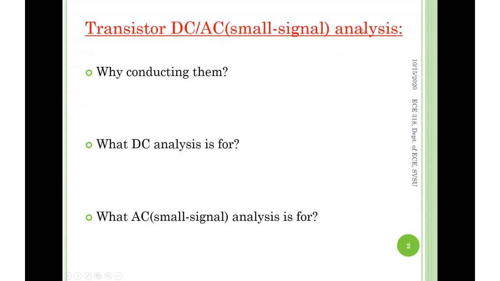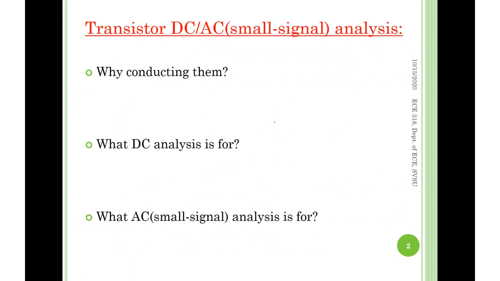Before anything, we need to once again review the concept of DC and AC analysis, because we have been doing those for the diode circuits too. The basic idea and the principle remain the same here. First of all, why conduct both DC and AC analysis?